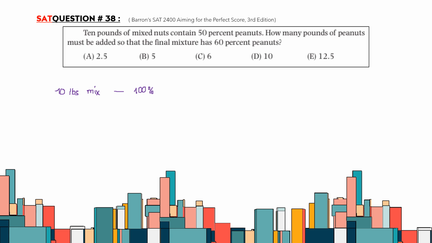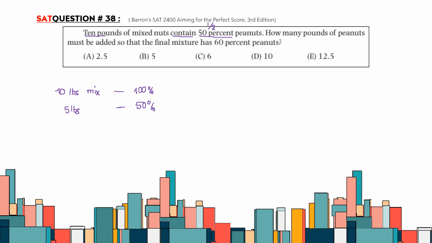Then they say the 10 pounds contain 50% peanuts. 50% means 1/2 of that amount, so 1/2 of the 10 is 5 pounds.